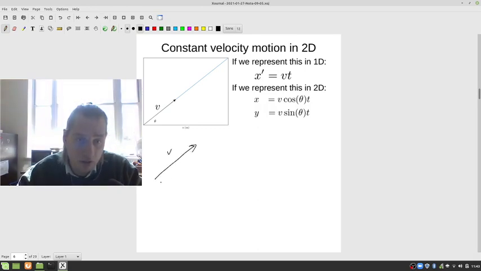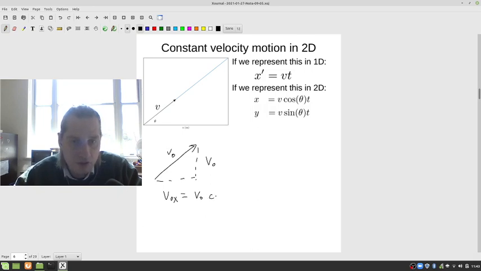Well, velocity looks like a vector. Okay, so here I have my initial velocity that is not changing in this problem times time. And if I wanted to find my initial velocity in the x direction, I would use that initial velocity, the magnitude times cosine of theta.